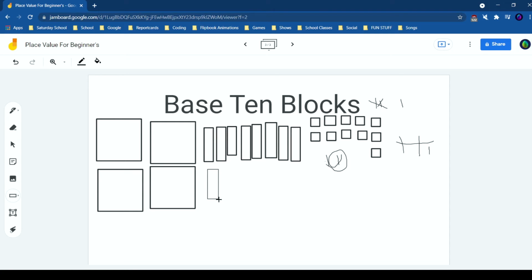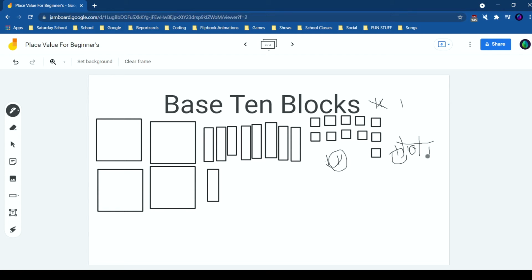Well, since there are 10 tens, you have to add one more to the hundreds. Because if anything is more than 10 in each place value, for example, there's 10 here, that's not possible. One has to go over here, because the digits are 0, 1, 2, 3, 4, 5, 6, 7, 8, and 9.